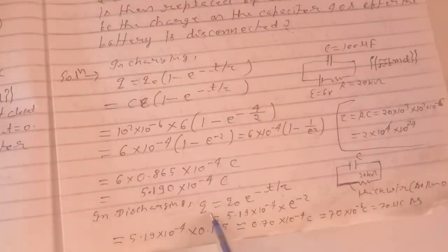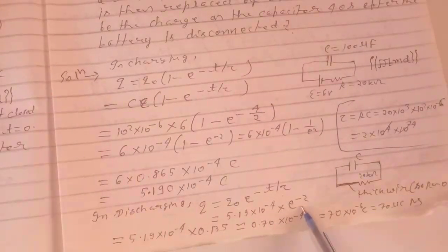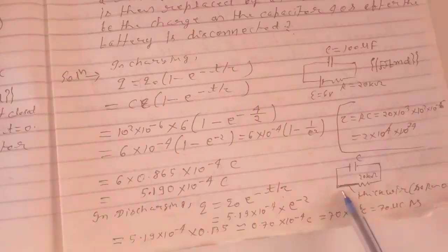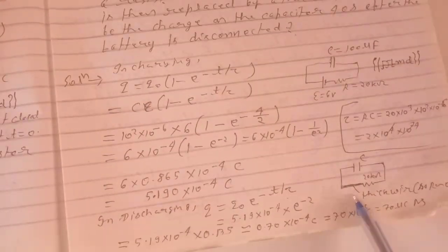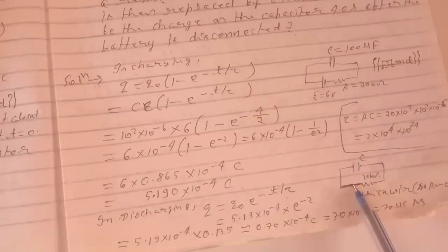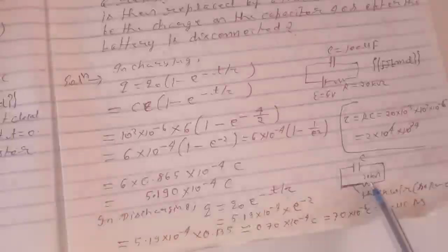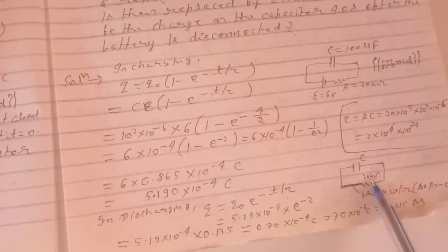And this charge Q equals Q naught e to the power minus t by tau, or 5.19 into 10 to the power minus 4 e to the power minus 2. This is a case of discharge, because the thick wire does not affect it, because its resistance is equivalent to 0 compared to this resistance, because this is a very high resistance, 20 kilo ohm.